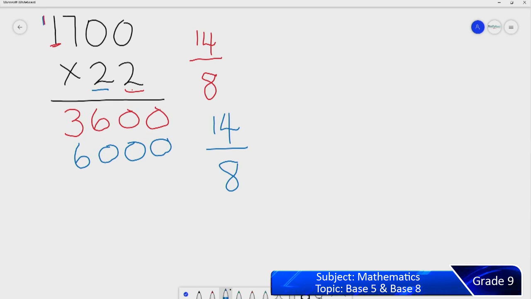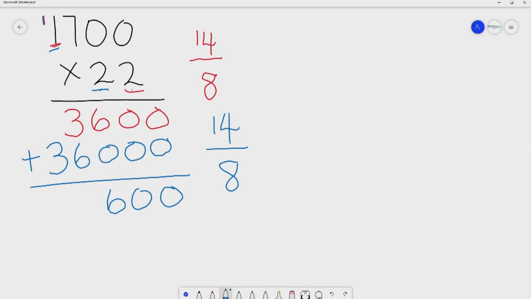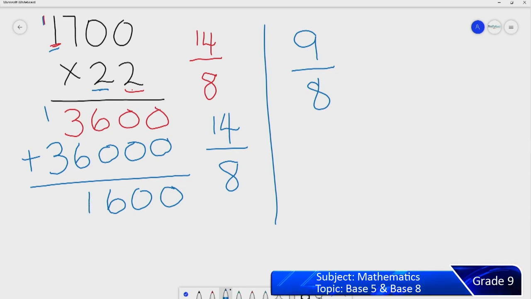So lastly, 2 times 1 is 2 plus a 1 gives us 3. Final step, we add them. 0 plus 0, 0, 0, 6 plus 0, 6. 3 plus 6 is 9. 9 is greater than 8, so we have to divide it by 8. 8 could go into 9 one time, with 1 remaining.